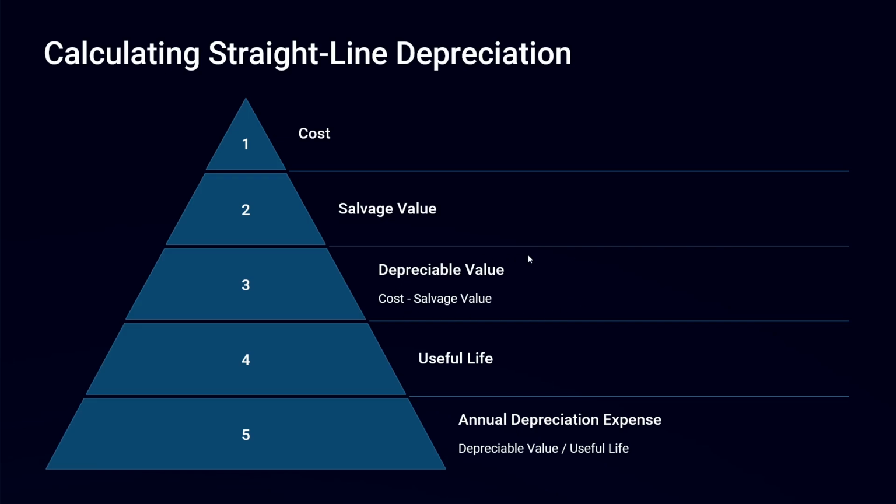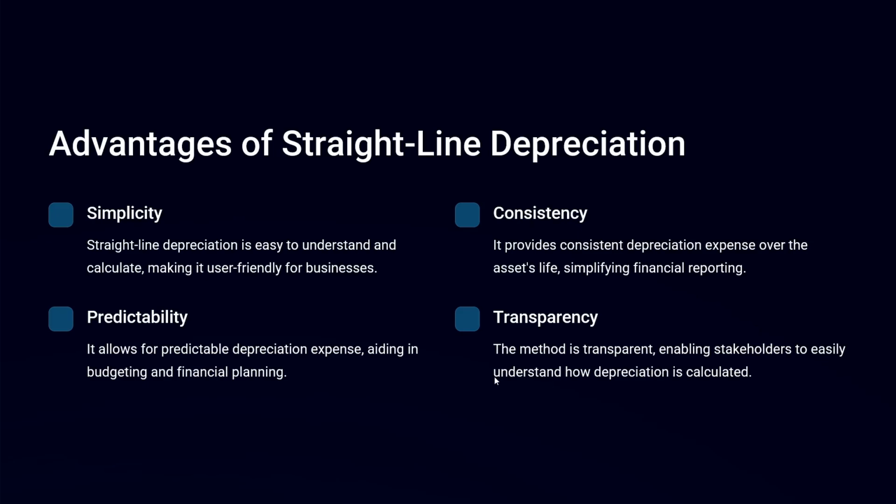So this information is important when we want to depreciate the assets. Then we have useful life. Of course, this is mandatory, to be aware of how many years you will depreciate this investment. Then we have annual depreciation expense. It will be calculated by dividing the depreciable value by the useful life.